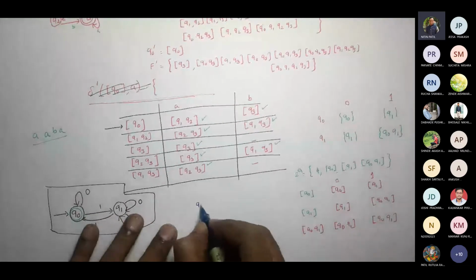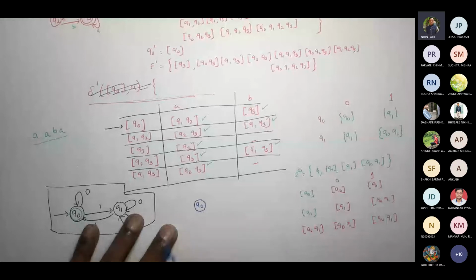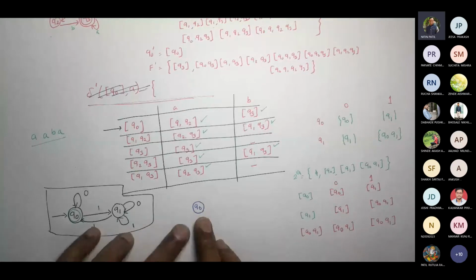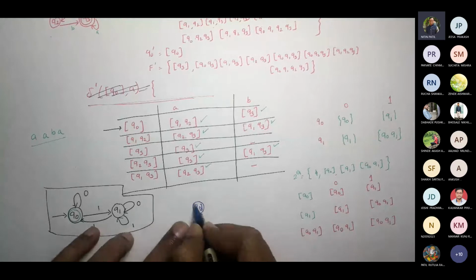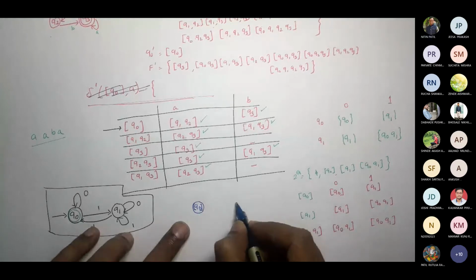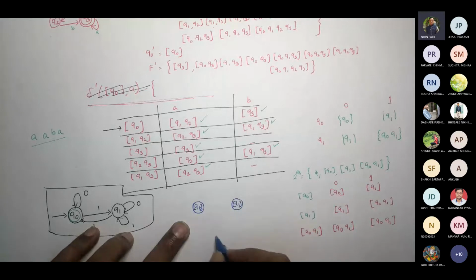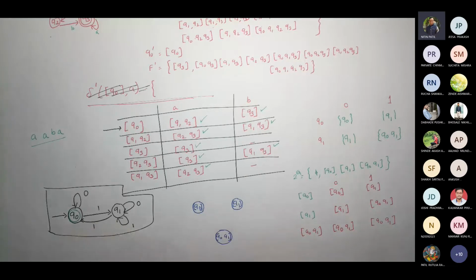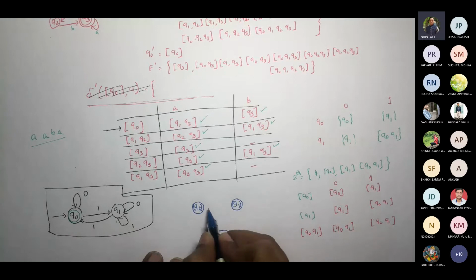So let us say this is Q0. Right now I am talking in terms of the state perspective, so let's draw it as a square bracket. There would be a state Q1, again in square brackets, and Q0, Q1, again in square brackets. So these would be the states. Now I have to draw transitions.